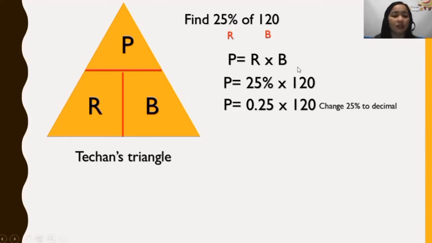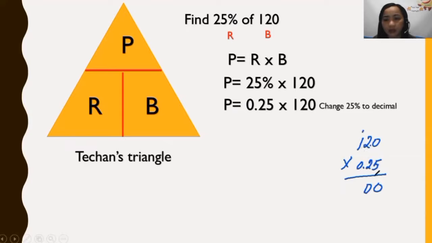Now let's compute what is 25% of 120. So we have 120 times 0.25. So we have here 5 times 0 is 0. 5 times 2 is 10. Carry 1. 5 times 1 is 5 plus 1 here is 6. Then we have 2 times 0 is 0. 2 times 2 is 4. And 2 times 1 is 2.